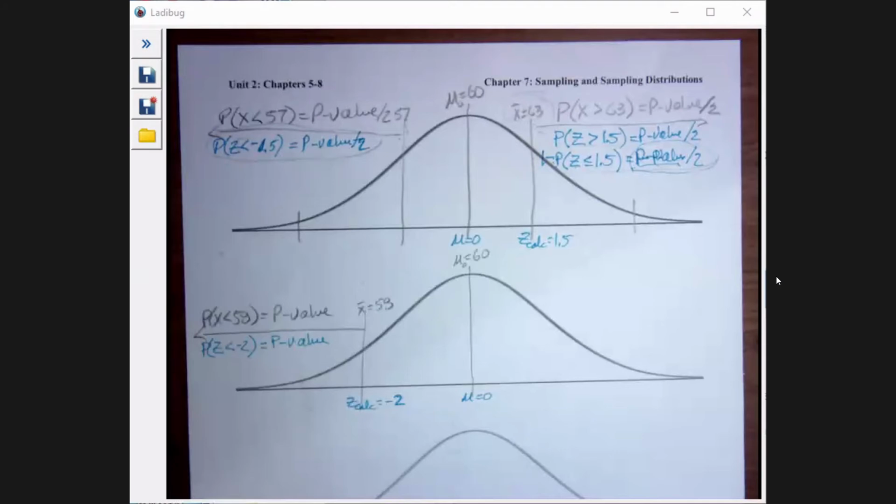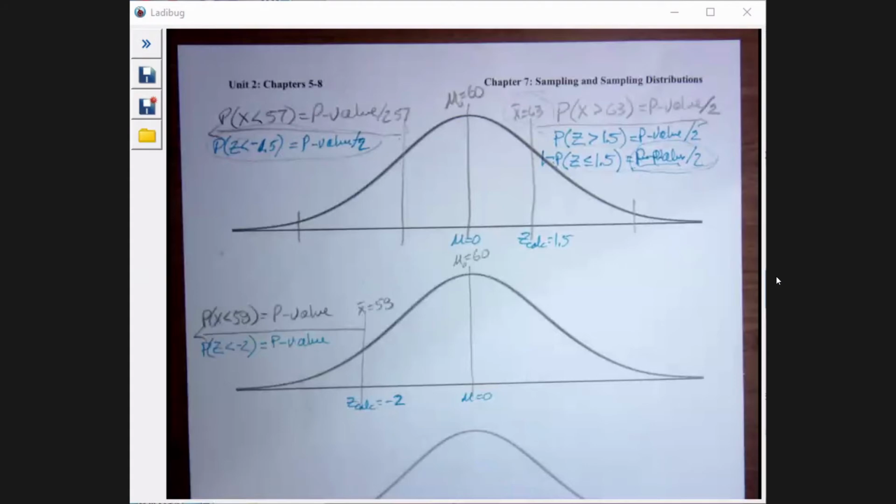Y'all should know the answer to this. Every single one of you should know the answer to this, because I've told you over and over, memorize this. 95%, exactly. If 95% is between, how much is in one tail? 2.5%. So this should be close to 0.025. It's going to be a little less because we rounded the 95. It's actually 95 point something, right? So it's going to be a little less, but it's going to be close, right? So we should get a number very close to 0.025.